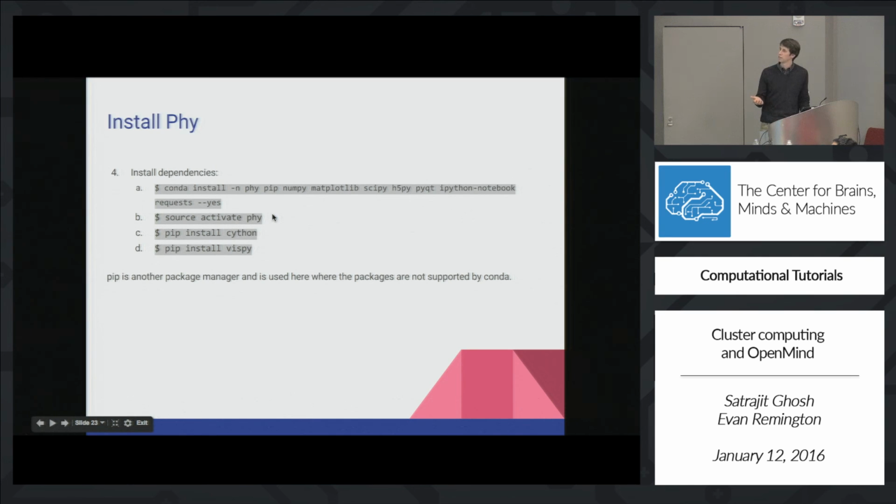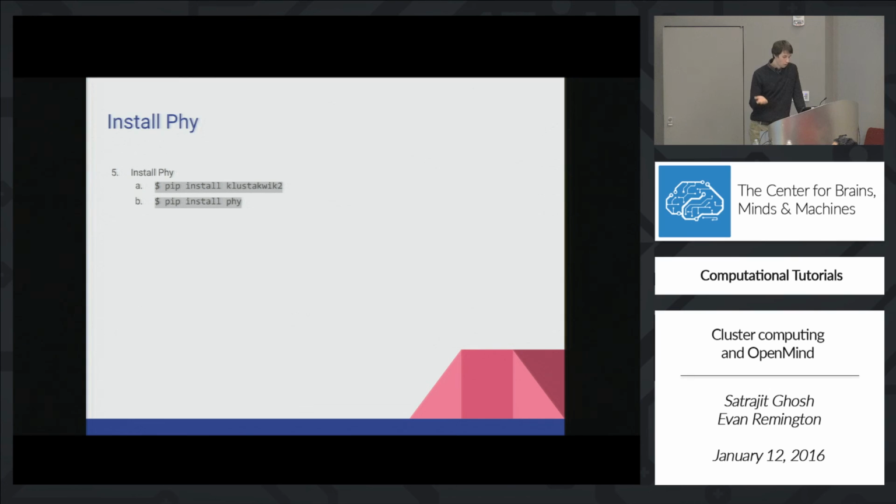Then you're going to activate your environment, and then we're going to use pip to do a few extra installs for programs which are not supported by Conda. So Python, Visby, which are dependencies for this particular program. And then we're going to install the actual program finally. Because this is a software package that consists of two programs, we're going to do this in two steps.